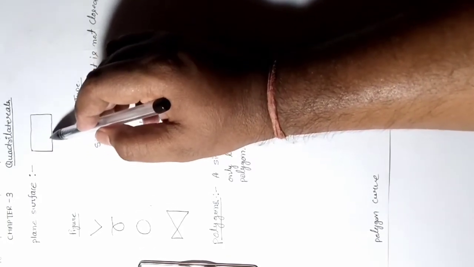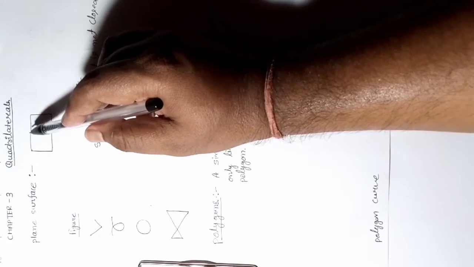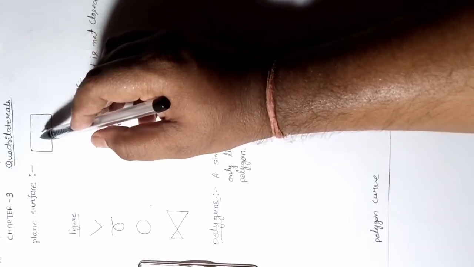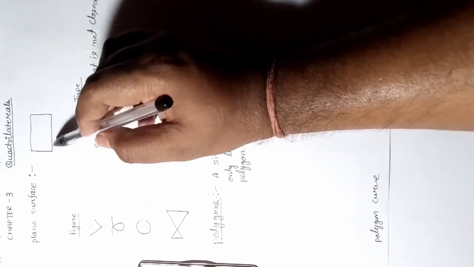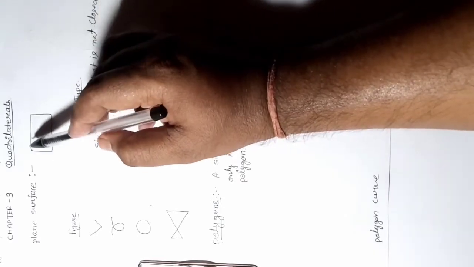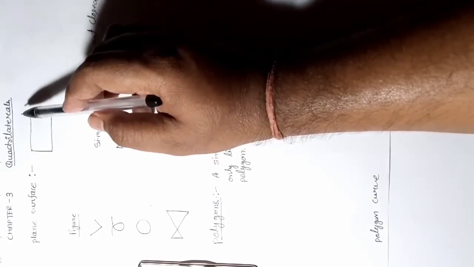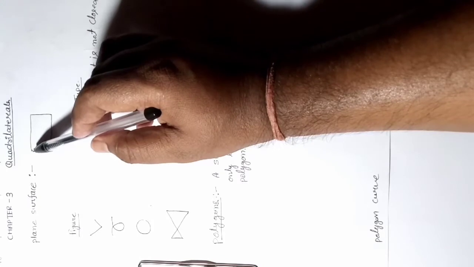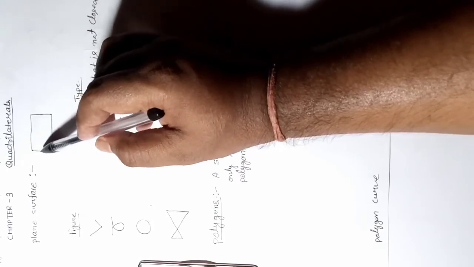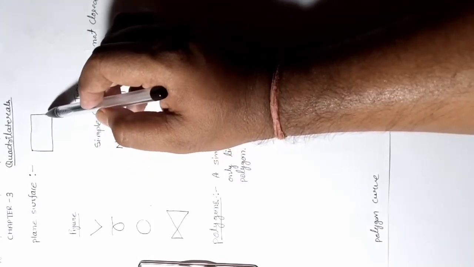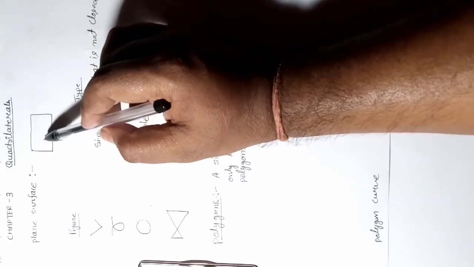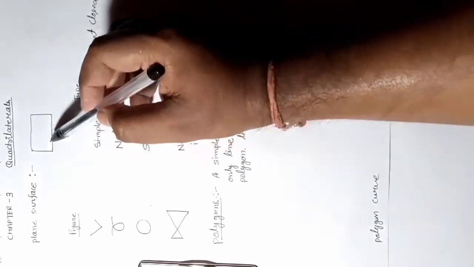So this kind of figure you will get, right? So this figure we call a plane surface. Means what? Suppose you just open a page and try to join all the corners without lifting the pen, right? So you will get a surface. That surface we call a plane surface, right?